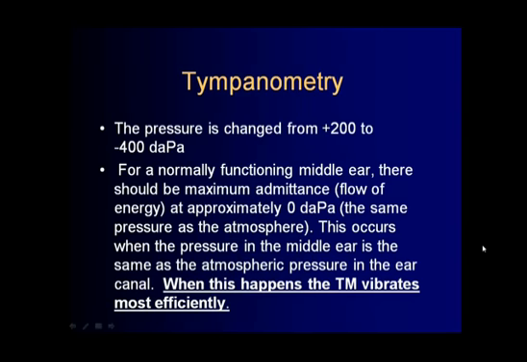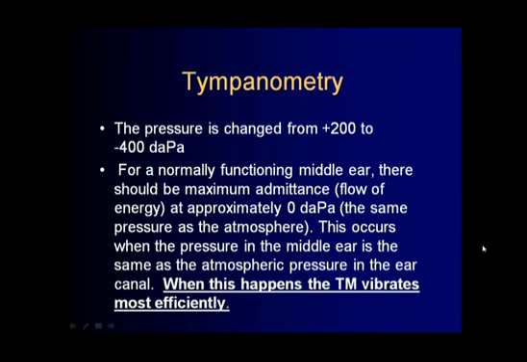The pressure is then changed from 200 to minus 400 decapascals. For a normally functioning middle ear, there should be maximum admittance, or flow of energy, at approximately 0 decapascals, which is the same pressure as the atmosphere. Wherever you are, in the mountains, on a plain, in a valley, at sea level, 0 decapascals represents the same air pressure as the atmosphere.